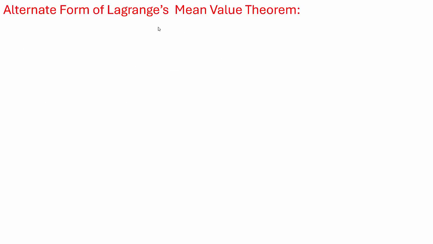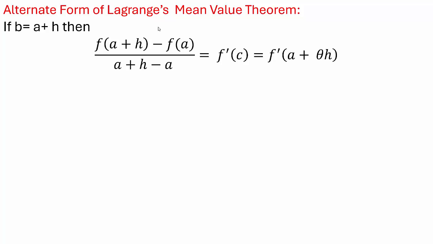Now, the alternate form of Lagrange's mean value theorem. If we put b equal to a plus h, then in Lagrange's mean value theorem, what happens? (f of a plus h minus f of a) divided by (a plus h minus a) equal to f dash c. C is what? a plus theta h.